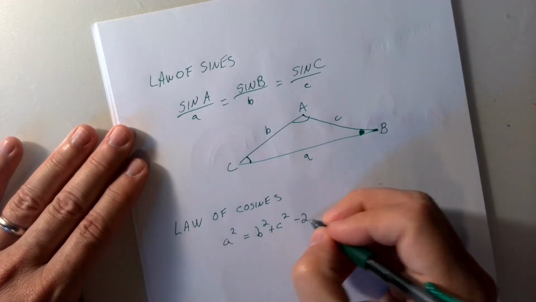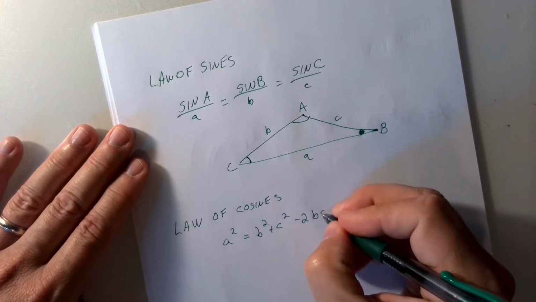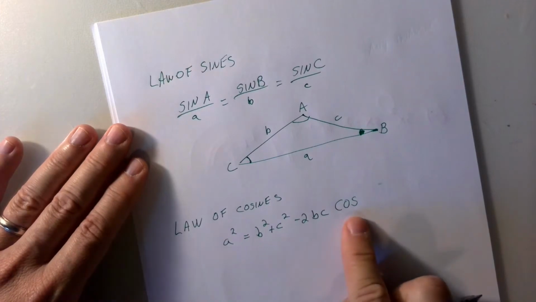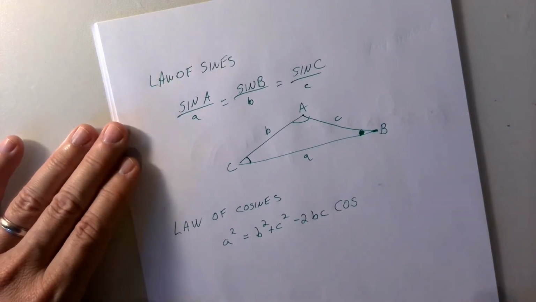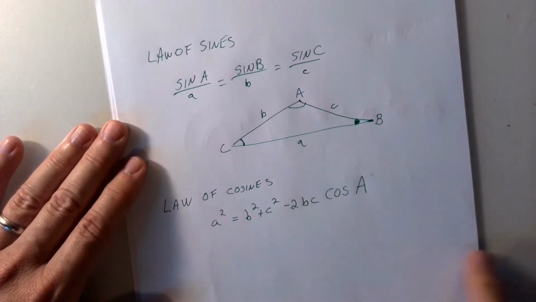But then there's more to it because it doesn't work just for a right angle: minus 2 times b times c times the cosine of the angle.